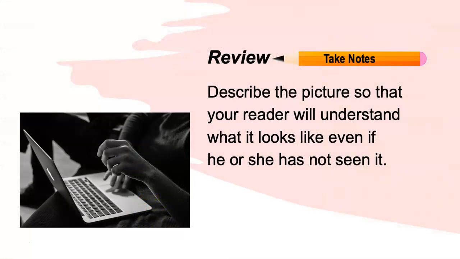Here's an important point you need to write down. When you are writing about a picture, you need to describe it so that the reader will know what it looks like, even if he or she has not seen it.